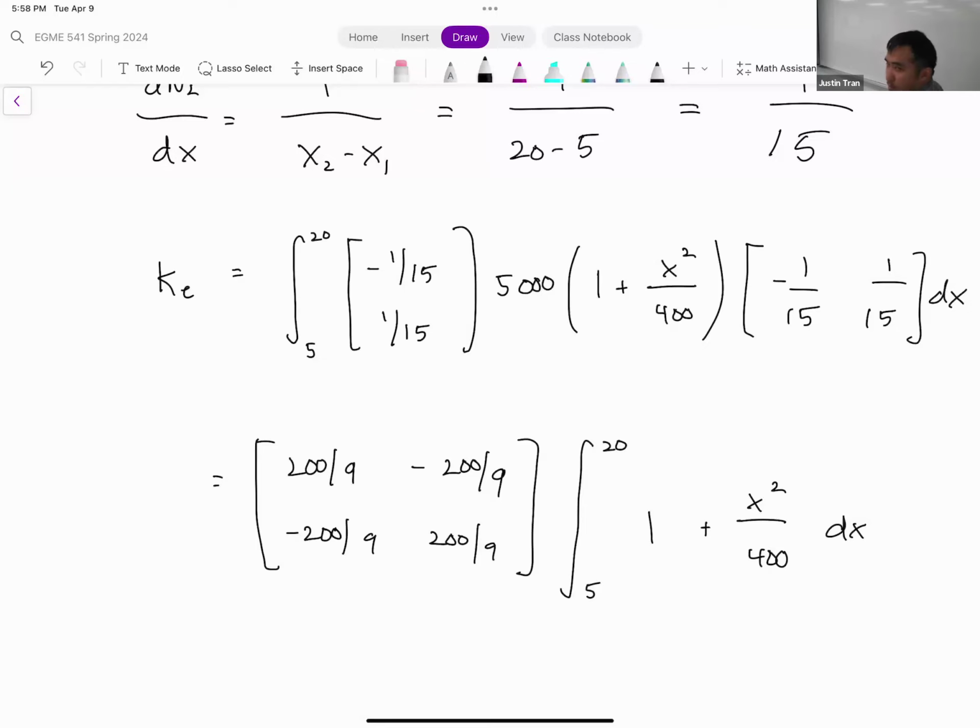All I did there was multiply the vectors together, got my 2 by 2 matrix, and then multiplied the entire thing by 5,000, and you get 200 over 9 from that. Skipped a couple of steps, but just want to make sure we get through this today.